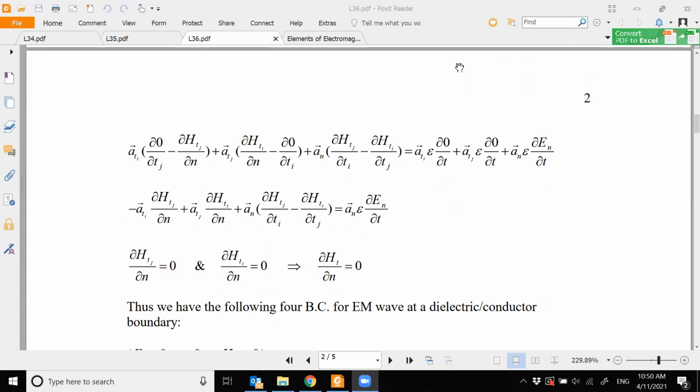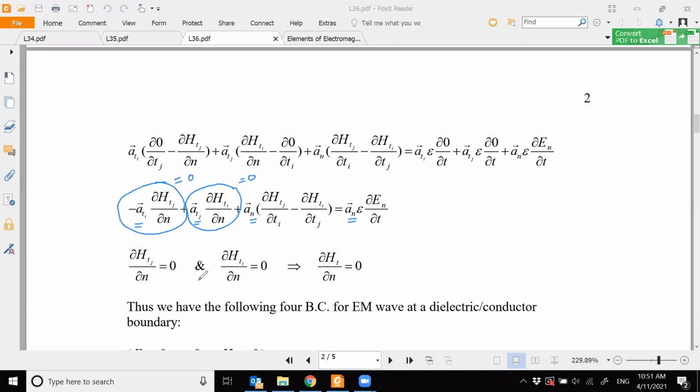This is your expression. From this expression, on the right hand side we have only the normal component, but on the left hand side we have both the tangential components and the normal component. So if we equate them, that means this and this must be equal to 0.